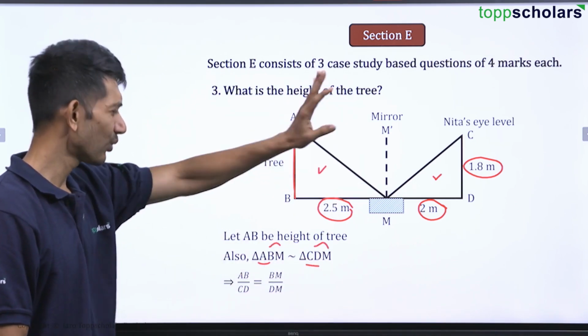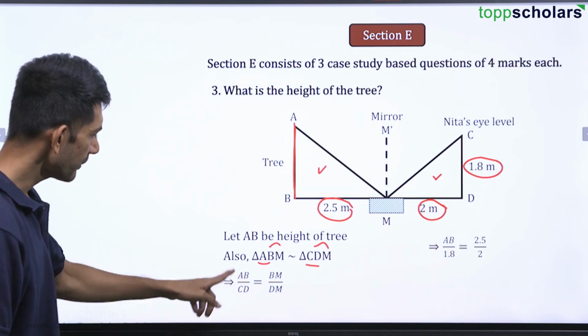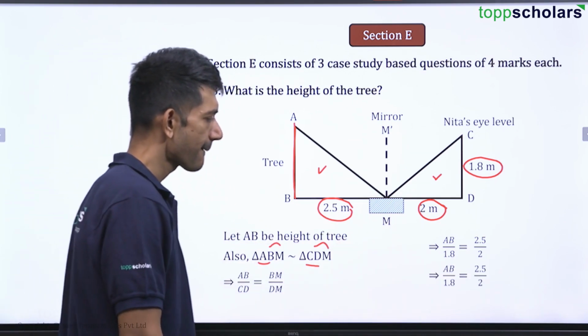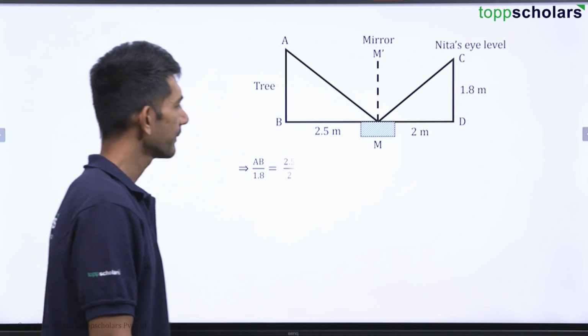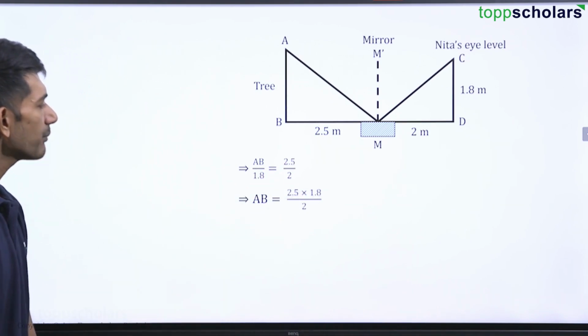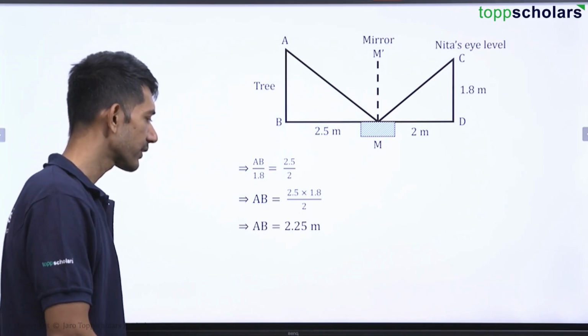AM by CM we don't know. Leave it. Put the values here. So AB by 1.8 is equal to 2.5 by 2. Cross multiply and further you get AB is equal to 2.5 into 1.8 by 2, that is 2.5 into 0.9, that is 2.25.